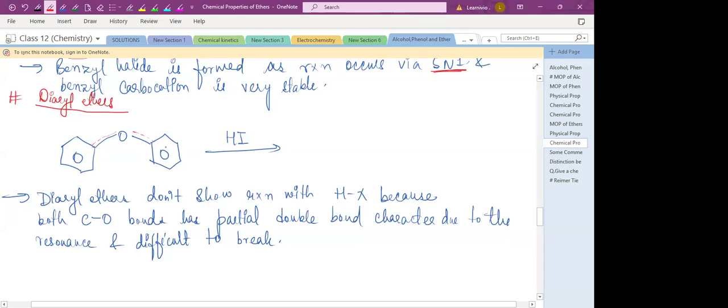So diaryl ether doesn't show the reaction with HX, because both C-O bonds have partial double bond character and are involved in resonance. That's why it is very difficult to break the C-O bond. So there will be no reaction. Diaryl ether doesn't react with halogen acid to form the corresponding alcohol plus alkyl halide due to the partial double bond character.